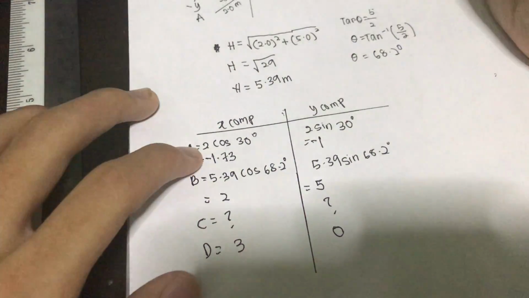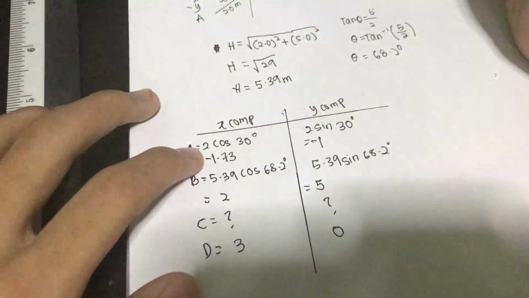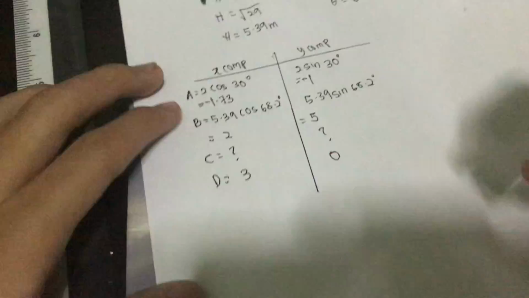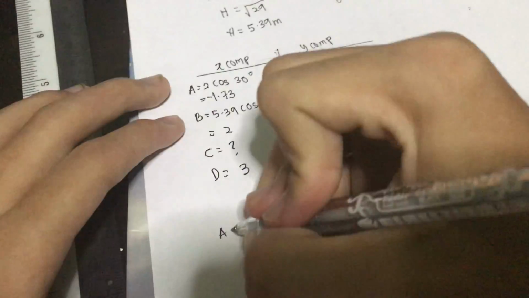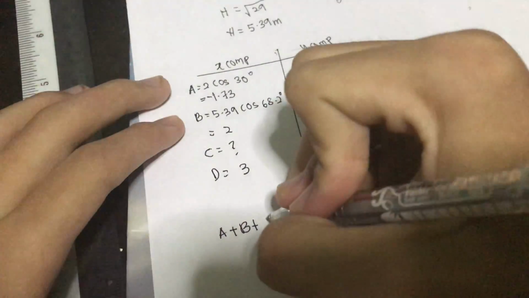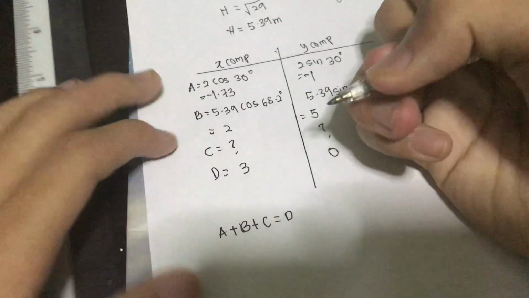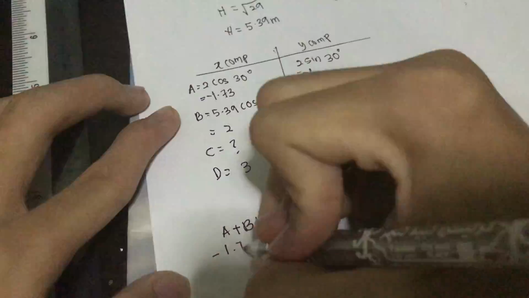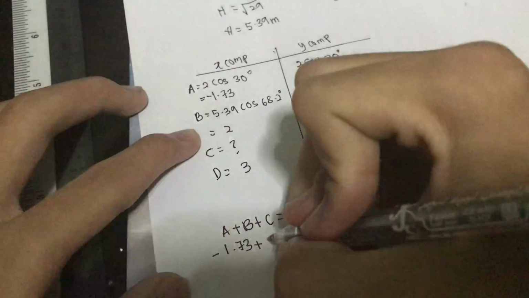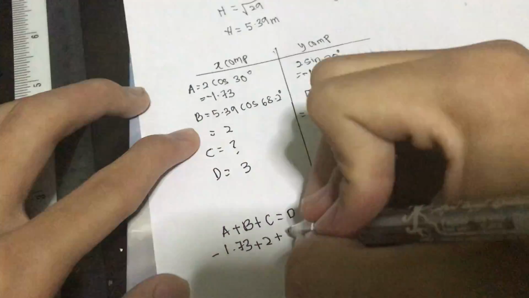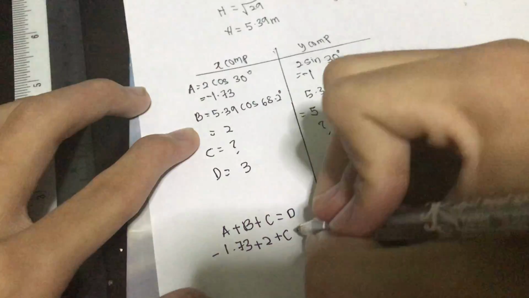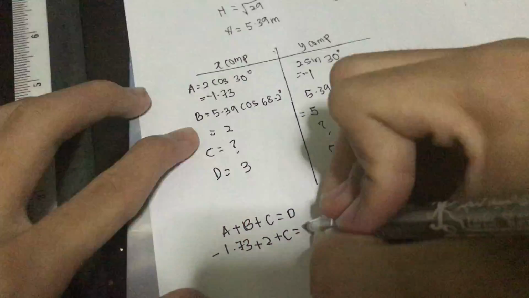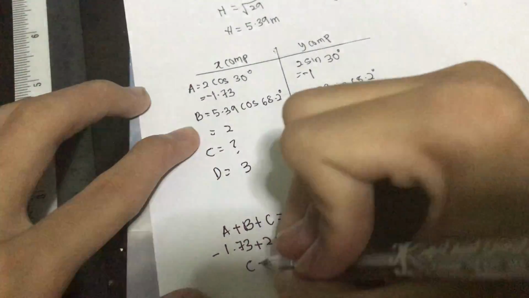The question said A plus B plus C is equal to vector D. So we should write A plus B plus C equal D. For the x component, A is negative 1.73, B is 2, and C we don't know, we should find C, and D for the x component is 3.